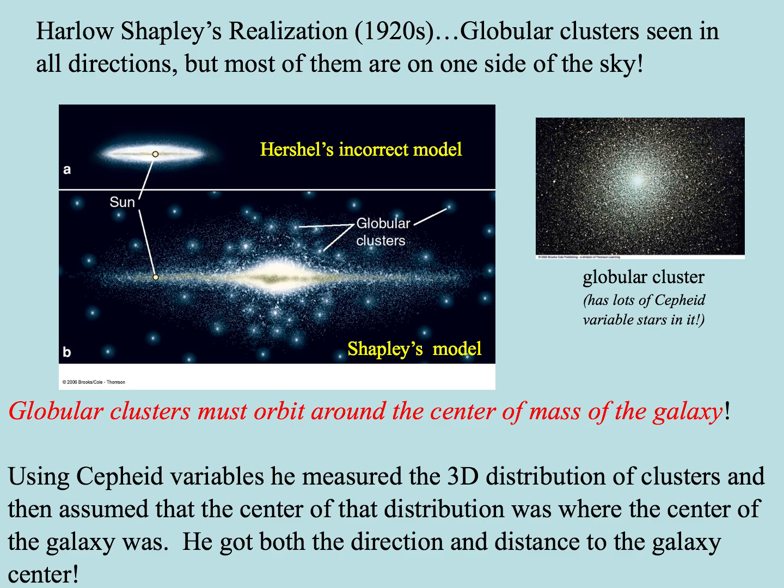They are more heavily concentrated there because the clusters, like everything else in the galaxy, orbit the galactic center. Globular clusters have lots of Cepheid variable stars, and he used their pulsation rates to determine distance to the galactic center.